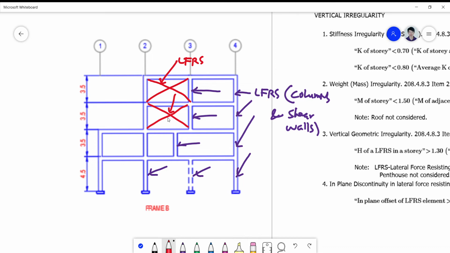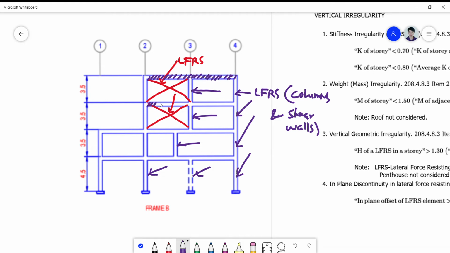So another element that is normally made into the configuration is the diaphragm. Okay, so a diaphragm is actually a horizontal member which is typically a beam or a slab or a beam slab system.